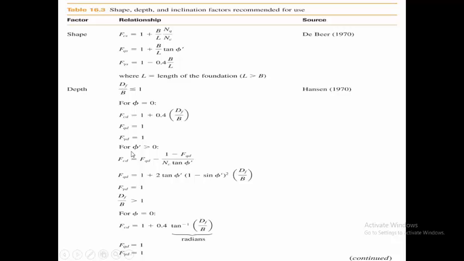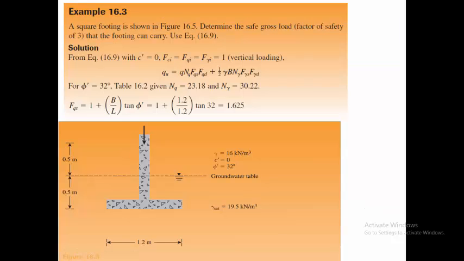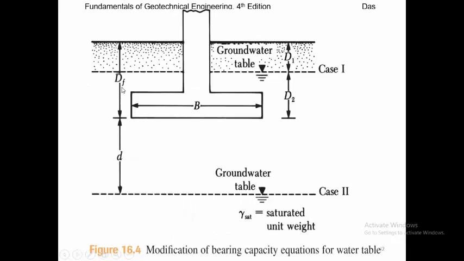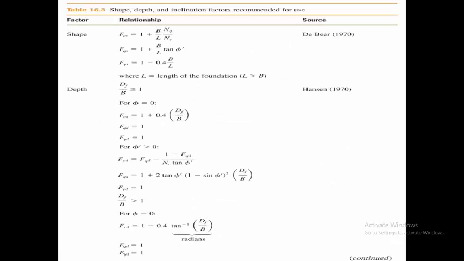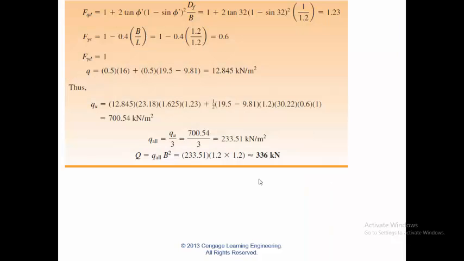Phi is 32 degrees, meaning it is more than 0. If it is more than 0, it will fall under here. So FQD is 1 plus 2 tangent phi times (1 minus sine phi) squared times Df over B. We use that formula, and the value is 1.23.